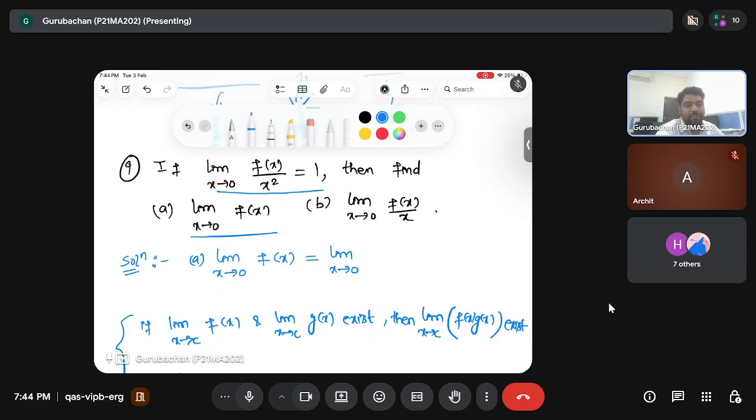Here you know about f(x) by x square, but you don't know about f(x). So can you rewrite it in this form? Think about it. Can we write like this?